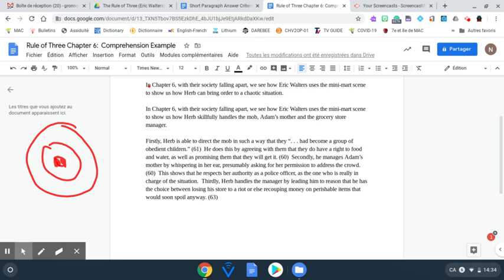So he convinces him that the promise of money is better than no money at all. On the other hand, you've got a riot on your hands. Your store is going to be completely looted, probably destroyed. So make the best of a bad situation, and at least get something.